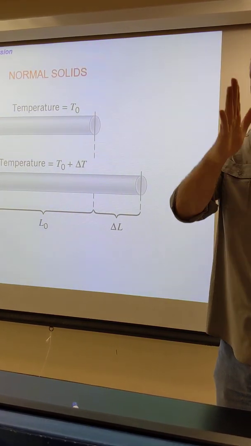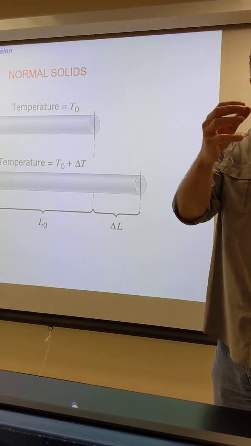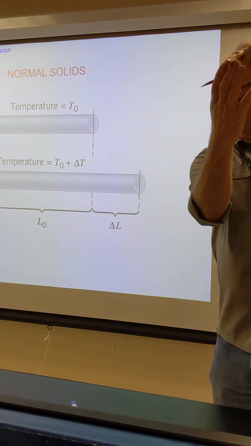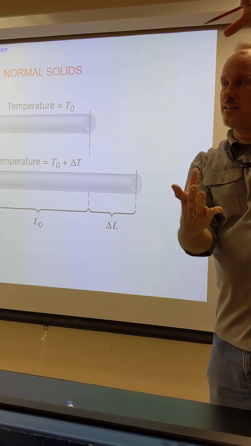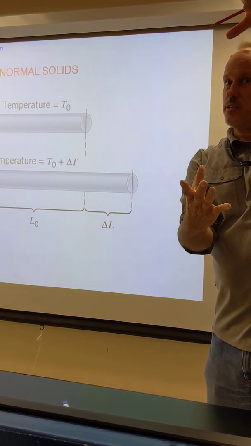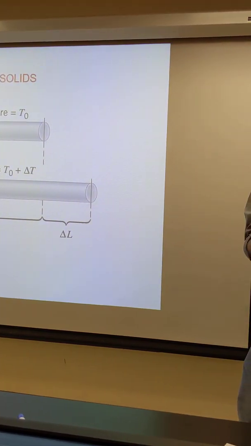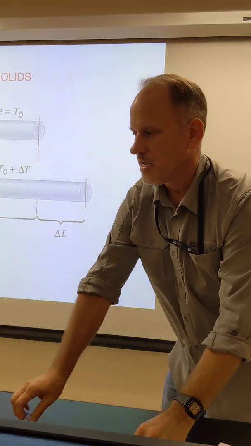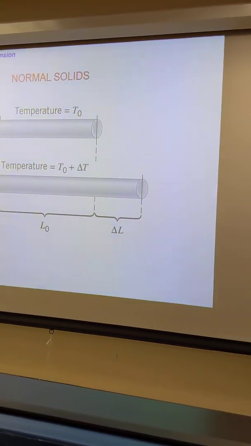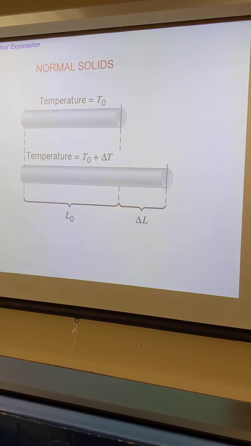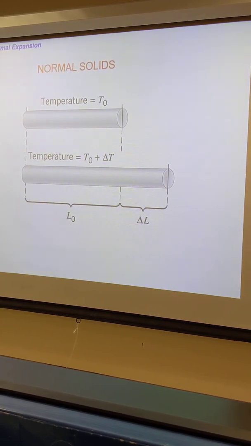If it had a big cross-sectional area and I heated it up, not only would it stretch this way, but it would also potentially expand outward in a volumetric way, or perhaps an area expansion. We'll talk about that more. But for this example, just think long, thin rod. So it has very little cross-sectional area. Is everybody confused about that?